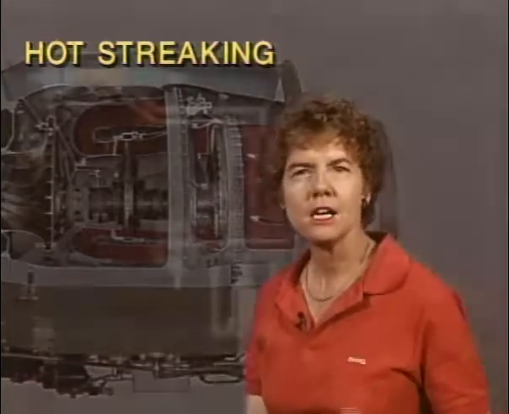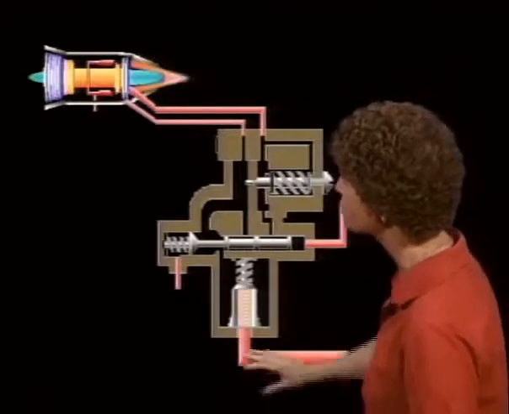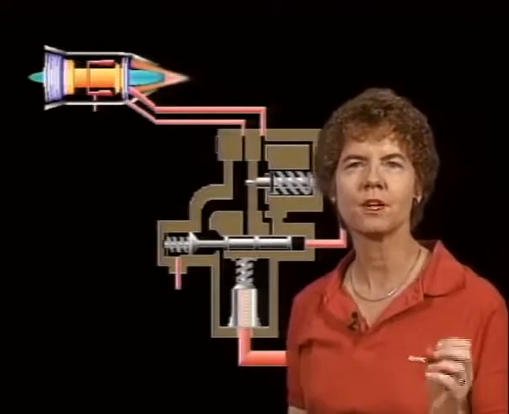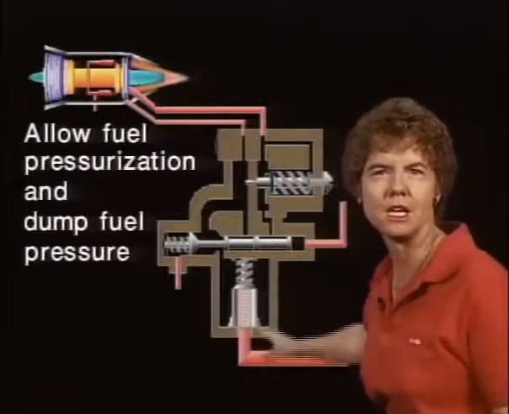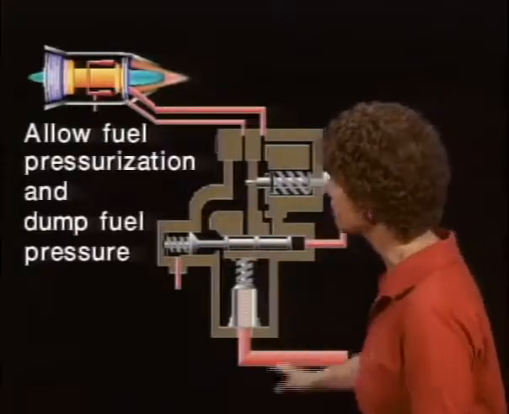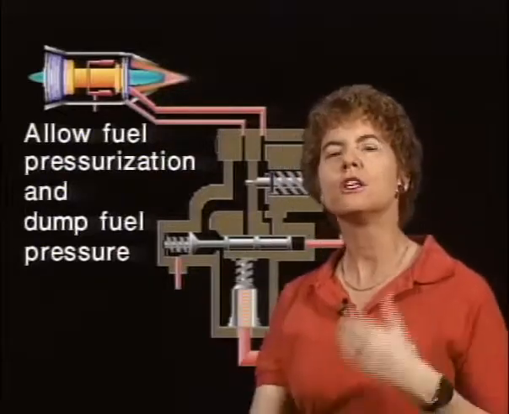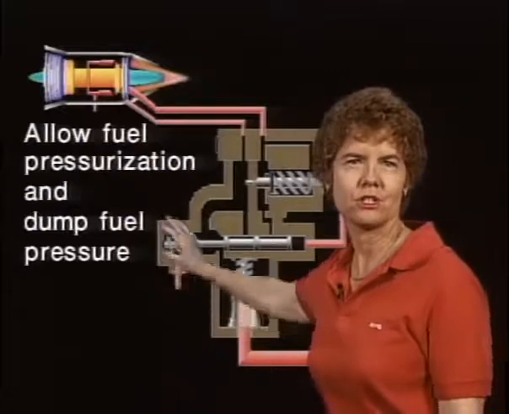Now, leading into the fuel nozzle is the pressurization and dump valve. Actually, two valves, a pressurization valve and a dump valve. And the purpose of the pressurization and dump valve on turbojet engines is to allow fuel pressurization of the engine when it's starting, gives you the primary and secondary fuel flow, and also to dump the fuel pressure through the dump valve at engine shutdown.